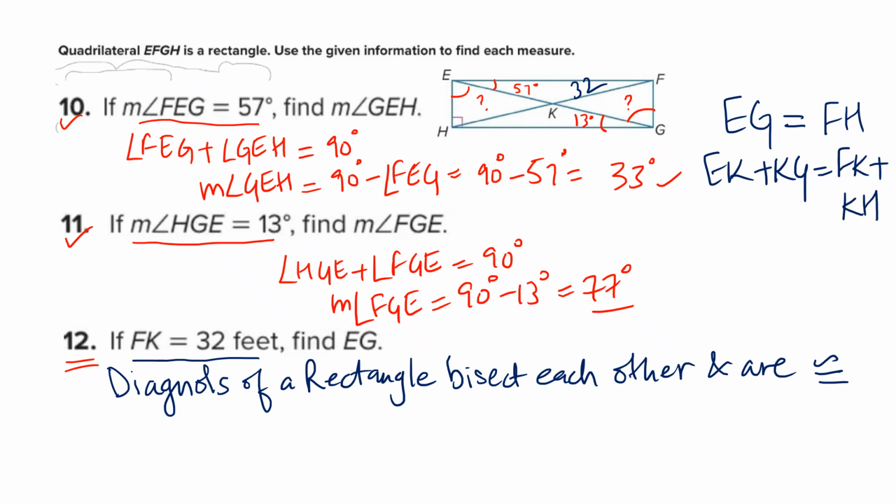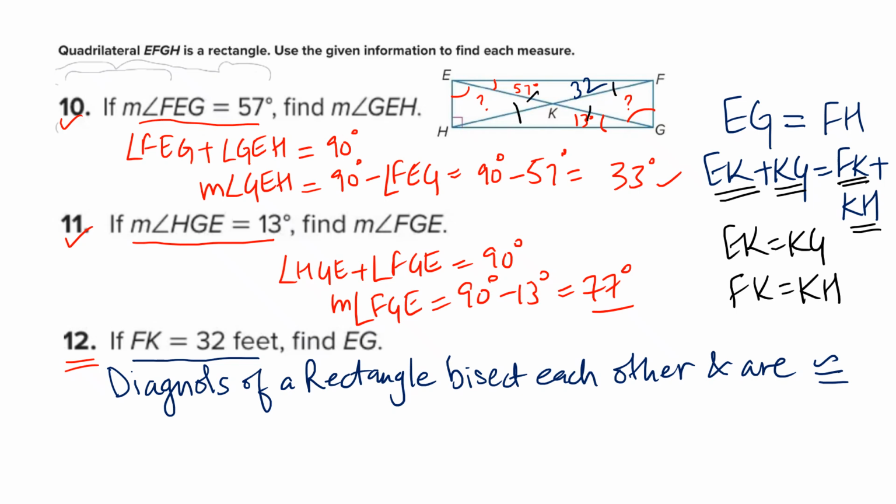But I also know that the diagonals bisect each other. What does that mean? That means EK is equal to KG, and even the other diagonal FK is equal to KH. So can I say that all the four parts of the diagonal, this one, this one, this one, and this one, are eventually equal?